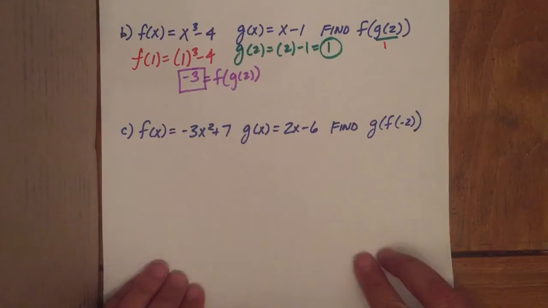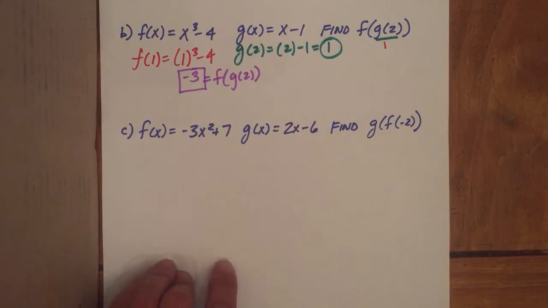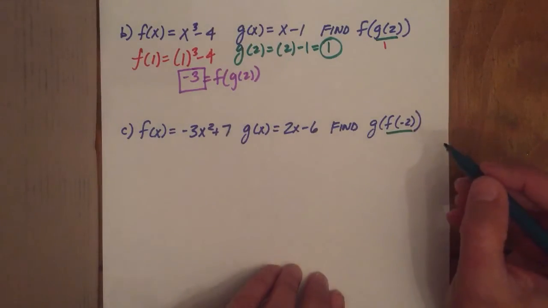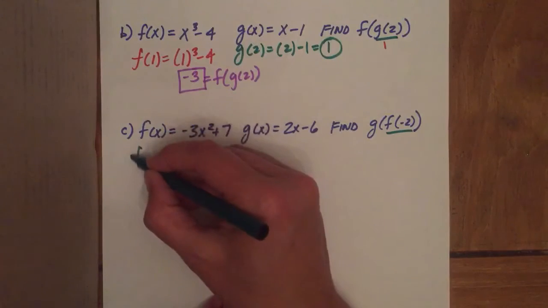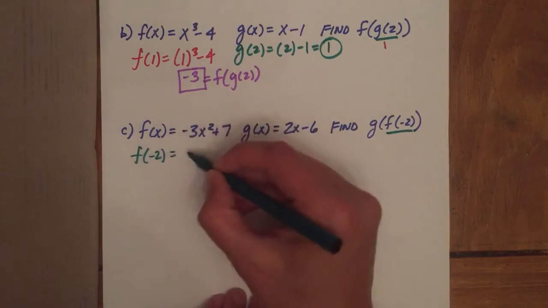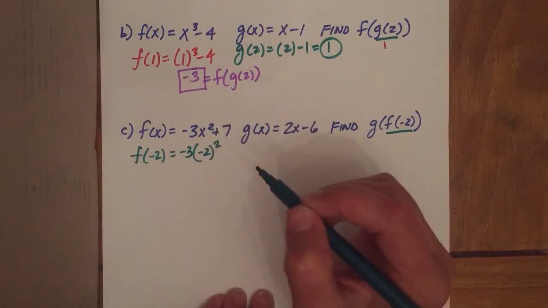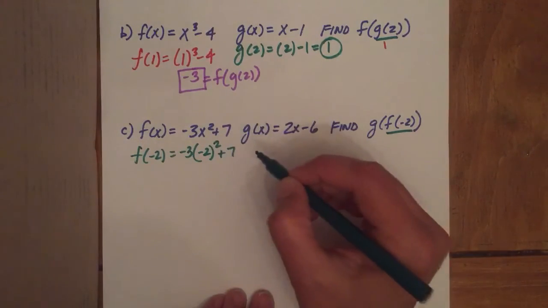Look at the one down here at the bottom. So for this one, I'm looking for g of f of negative 2. So inside out, let's do f of negative 2. I'm going to come over here. I'm going to do f of negative 2, which is negative 3. Always put parentheses around what you're plugging in, plus 7.